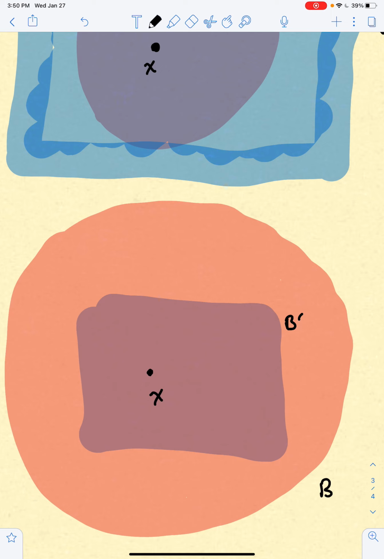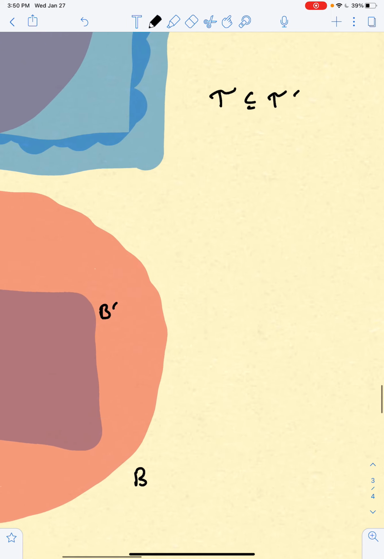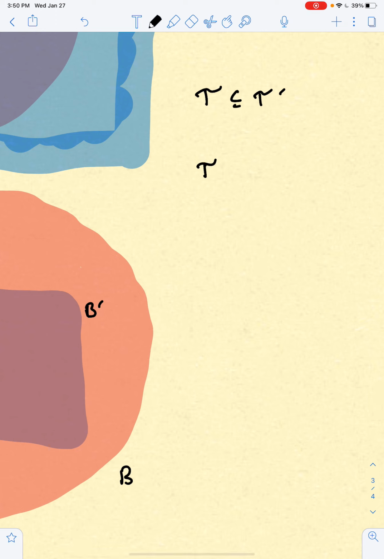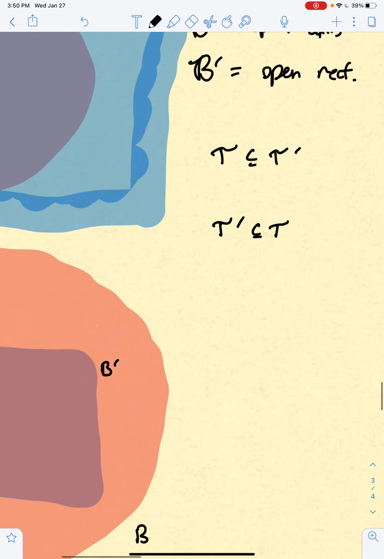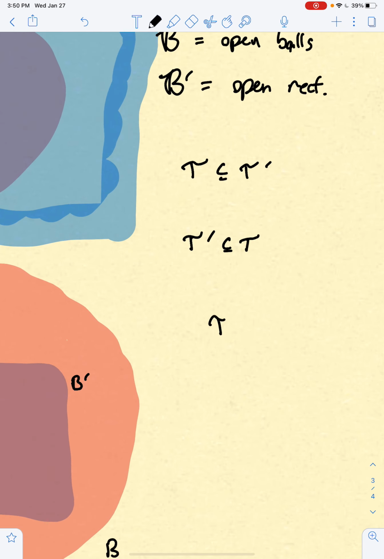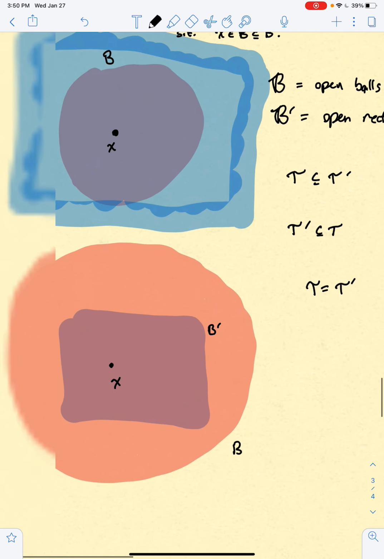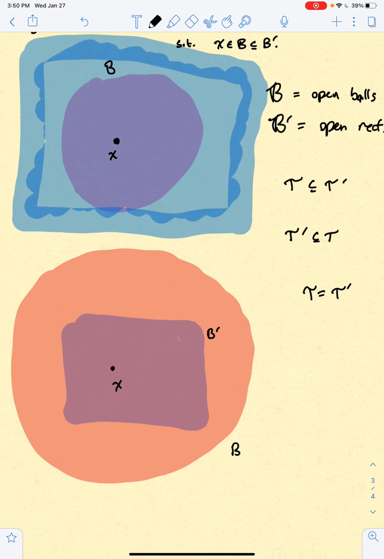Since x was arbitrary and so was the rectangle that contained it, this tells me the other thing is true, that tau prime is coarser than tau. But that can only hold if they're equal. So this means that open balls and open rectangles generate the same topology on R2.